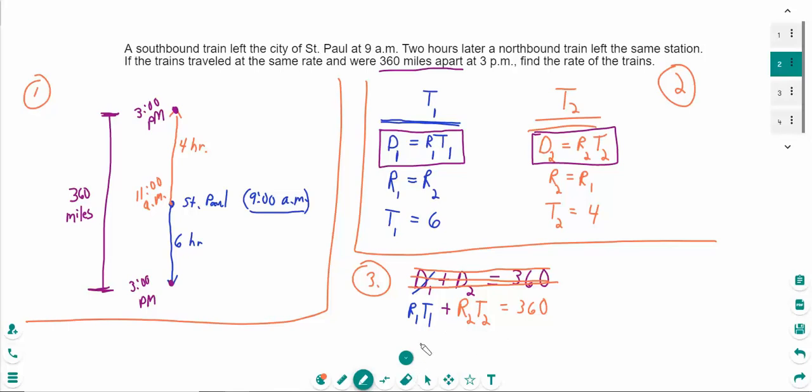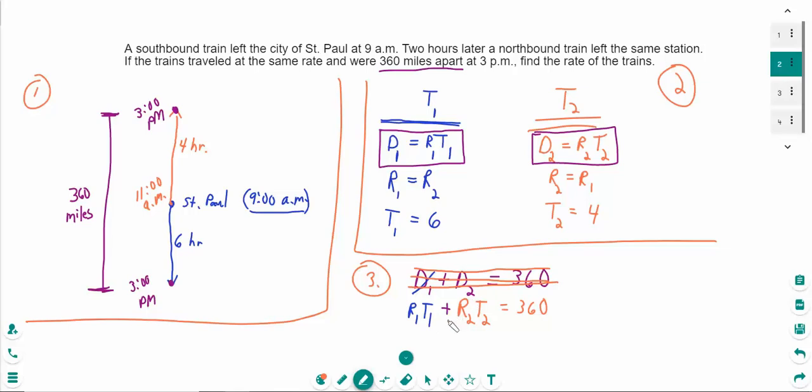All right? So it's so important, I'm going to say it again. You start by looking at the distance. Try to come up with some sum of distance equal to something. Once you've done that, replace the distances with rates and times. Okay?